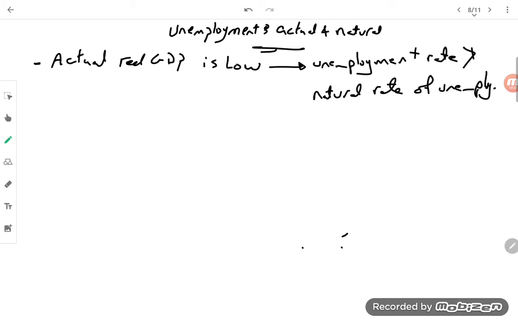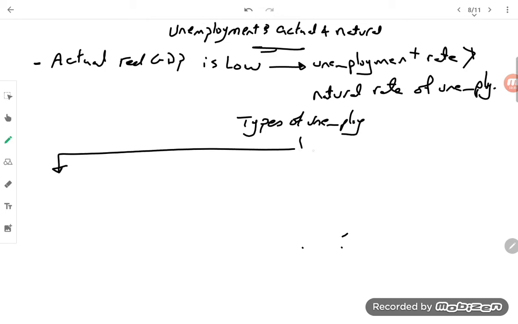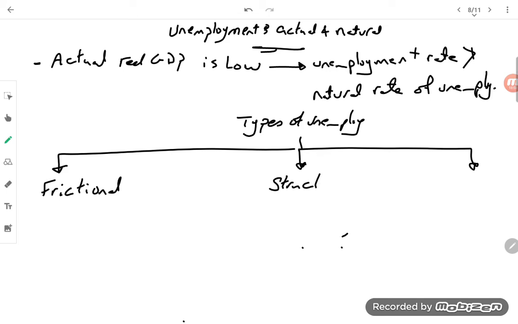Just returning back to unemployment and types of unemployment. As we said before, there are three types of unemployment: frictional unemployment, structural unemployment, and cyclical unemployment.